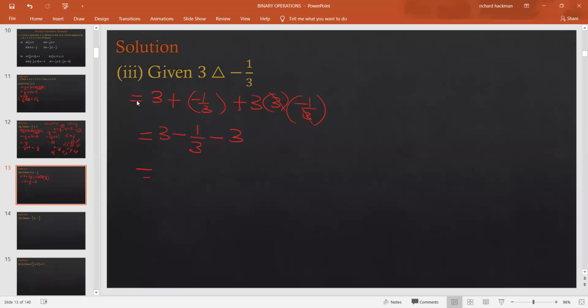So in effect, you are going to get 3 minus 3, which gives you 0, then your minus 1 on 3. So you'll be left with minus 1 on 3 as well. So therefore, 3 delta minus 1 on 3 is equal to minus 1 on 3. Is my point well made?